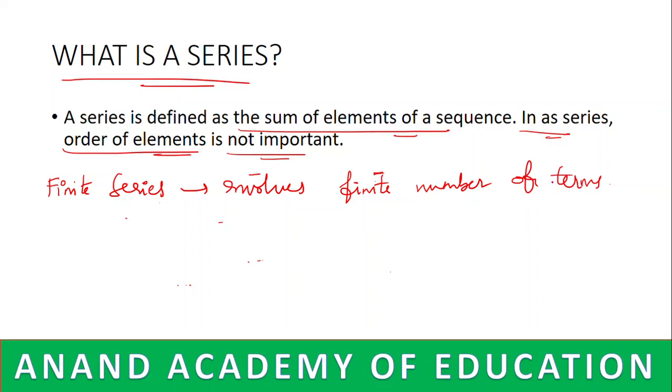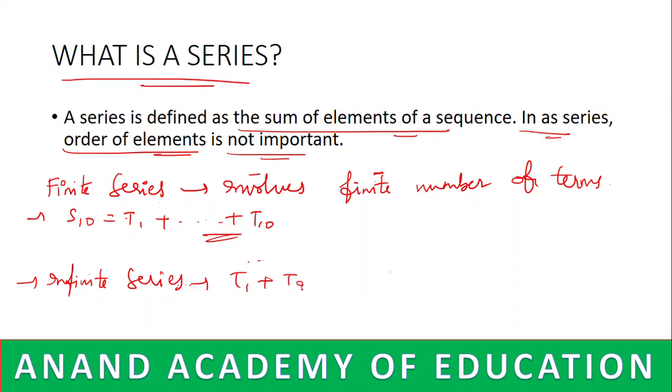We have just seen an example. That was a finite series: S10, T1 plus up to T10. We just have 10 terms. So this is countable. This is finite, and so this is a finite series. An infinite series is uncountable. We have an infinite number of terms, and so this is an infinite series.